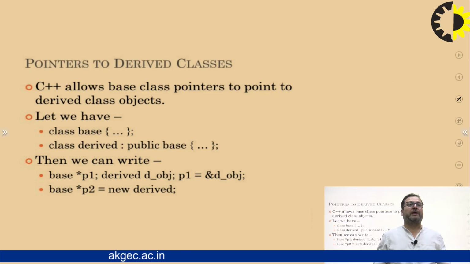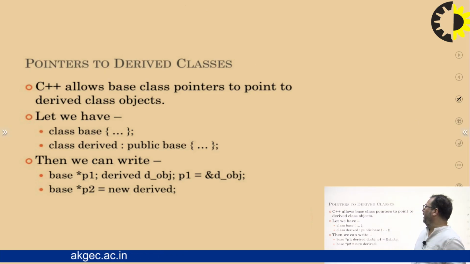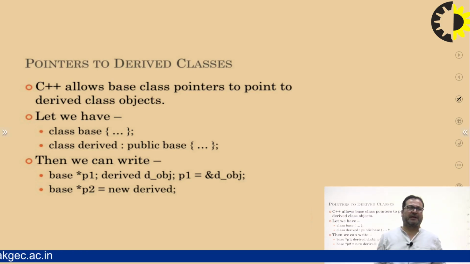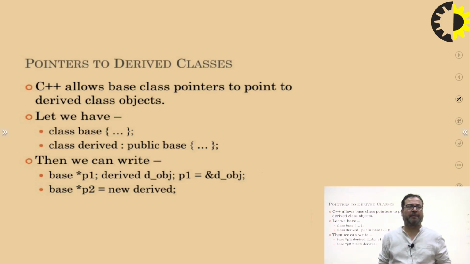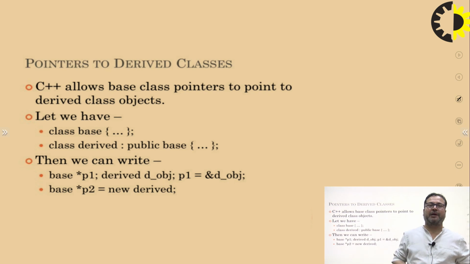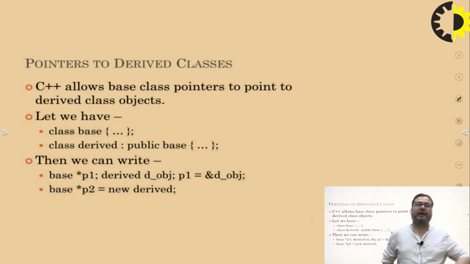In C++ a base class pointer is allowed to point to derived class objects. Let's see with an example. The base class pointer has the capability to hold the address of the base class as well as the derived class. It is not that the derived class pointer could hold the address of a base class object.